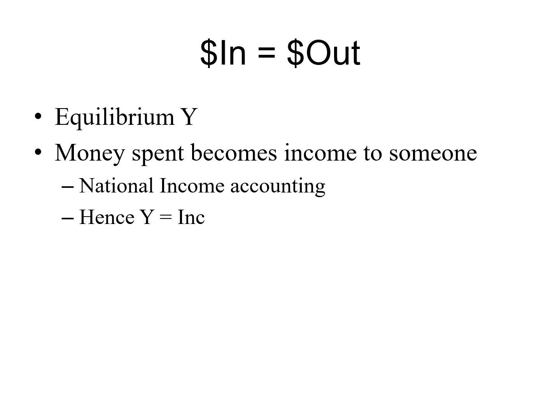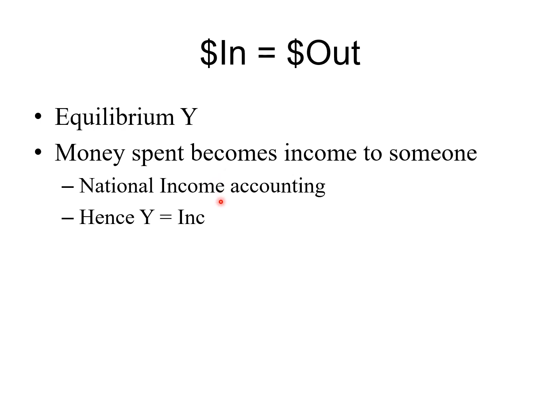So if someone spends money, it becomes income to someone else. And this is why, at the level of the macroeconomy, money in equals money out. It's balanced. This creates equilibrium. This is equilibrium Y. Y is the term we in economics generally use for gross domestic product, probably because it's fewer letters.